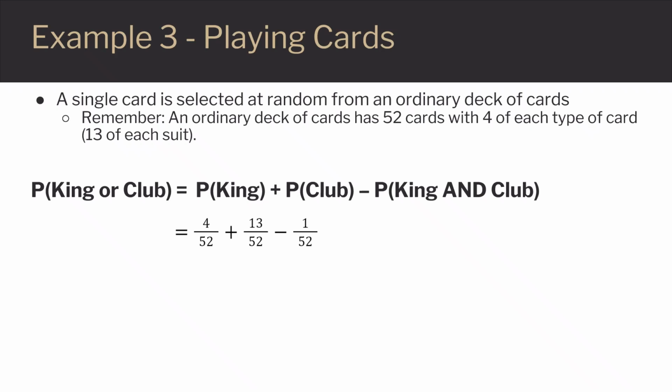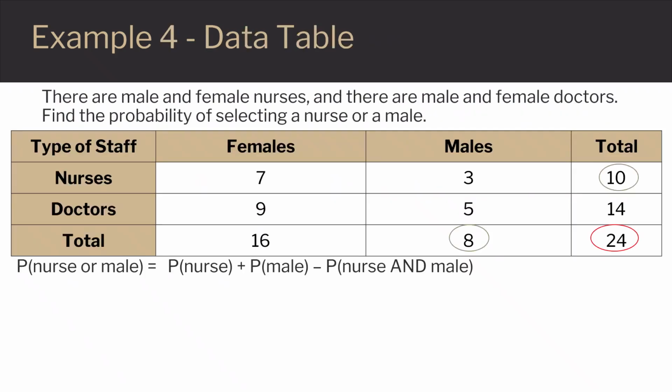We counted it as a king and as a club, so we must subtract 1 out of 52, and we end up with 16 out of 52. That fraction can then be reduced and made into a decimal or a percentage. The answer is that about 30.8% of the time we'll draw either a king or a club.